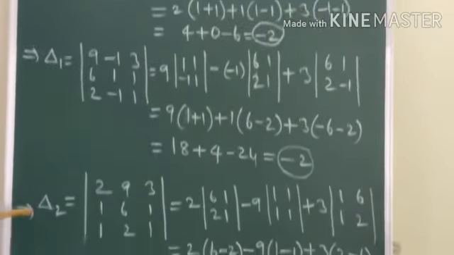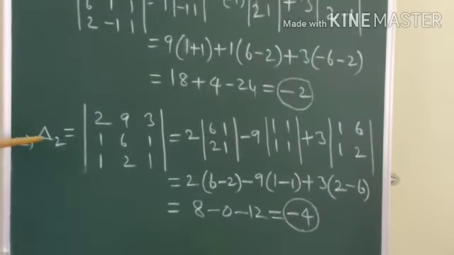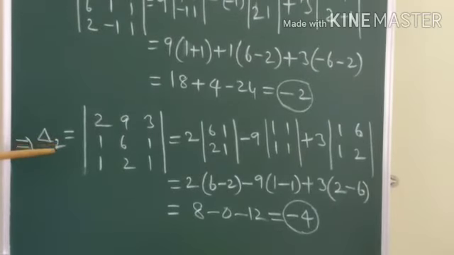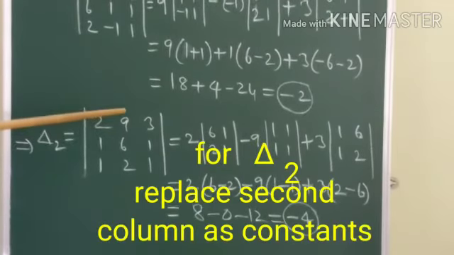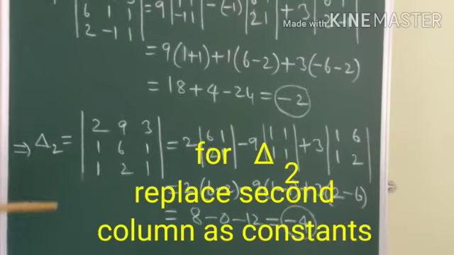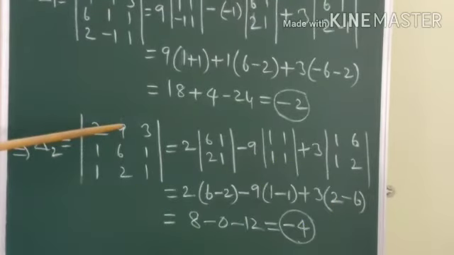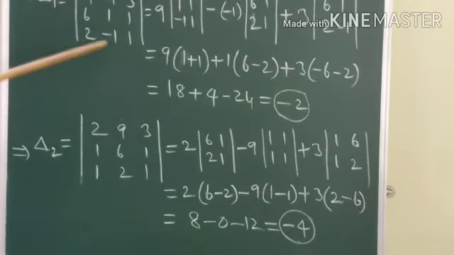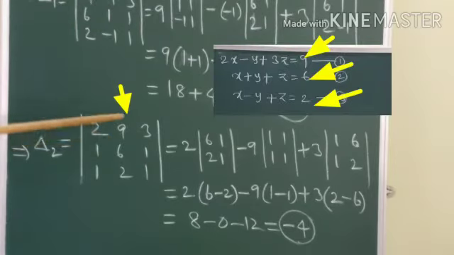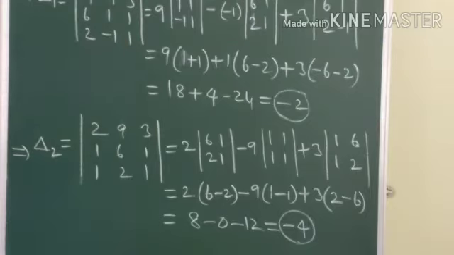Same as delta 1, next find delta 2. Here change the second column to the constants. In the previous one, the second column was minus 1, 1, minus 1. Here it is 9, 6, 2, and the remaining are the same as in delta.